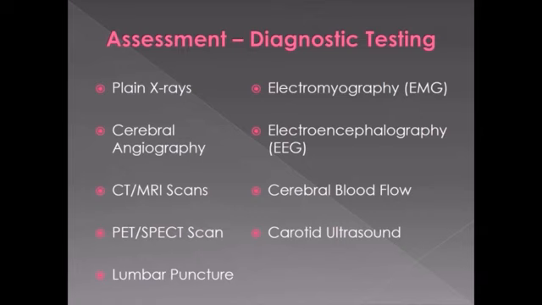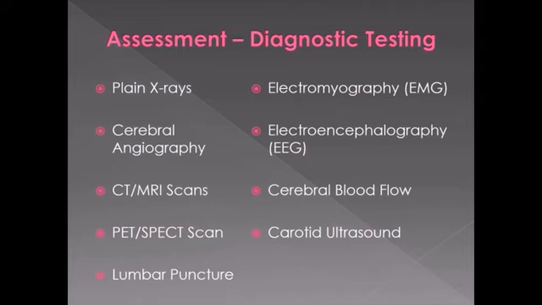Lumbar puncture, puncturing in at the base of the spine and getting a sample of cerebral spinal fluid. EMG to look at muscle function and nerve conduction. EEG to look at electrical activity in the brain and cerebral blood flow.